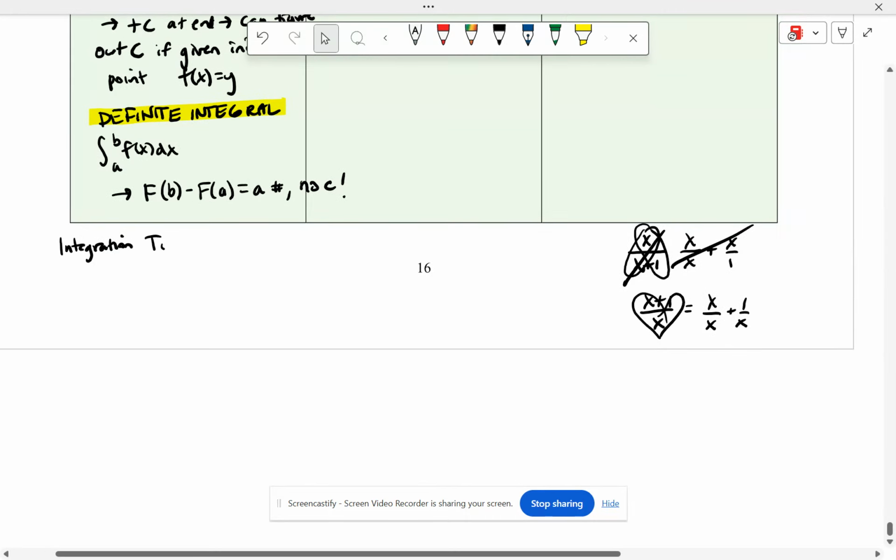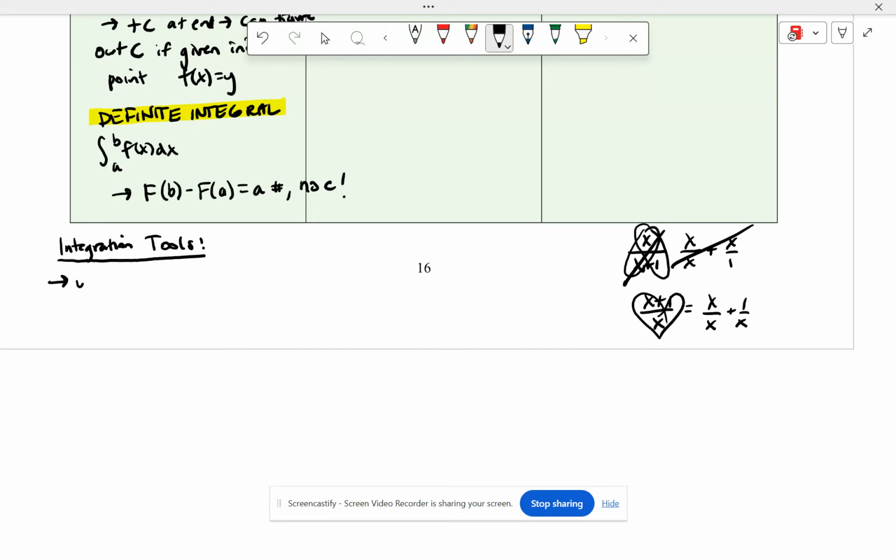So integration tools. Good old algebra, that could be an example of good old algebra. Other more specific tools that we learned were U substitution. Actually, we should probably put a little note up here, a formal note. Product rule. When can you think of in particular when U substitution is very useful? When you have an integral and you have sine of x and cosine of x. Why?